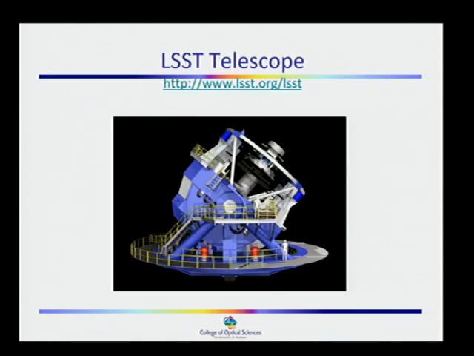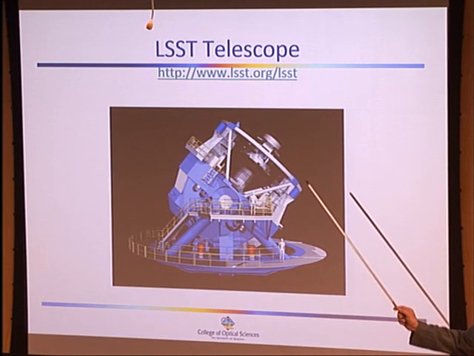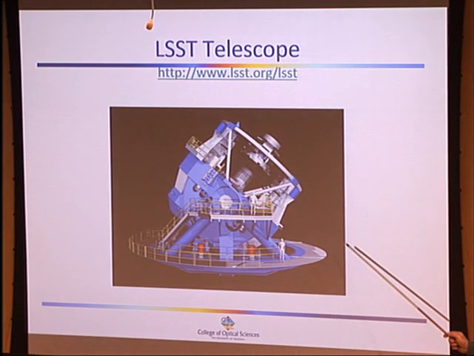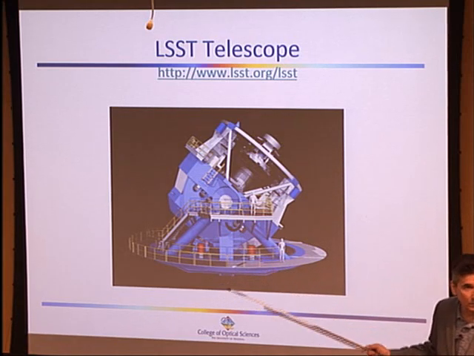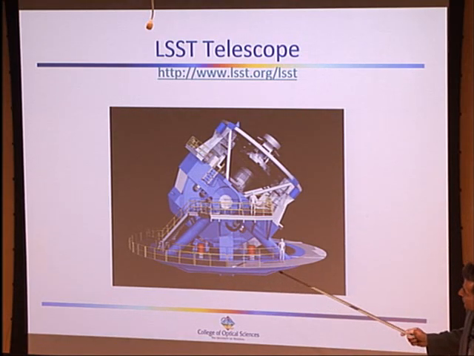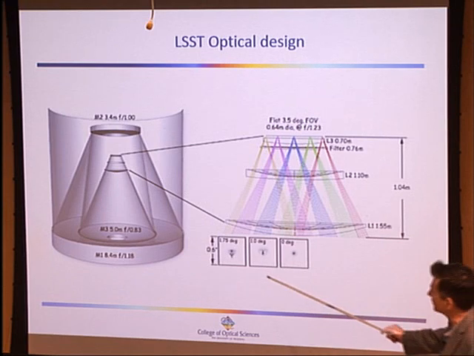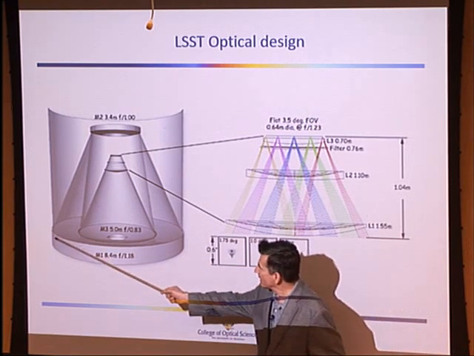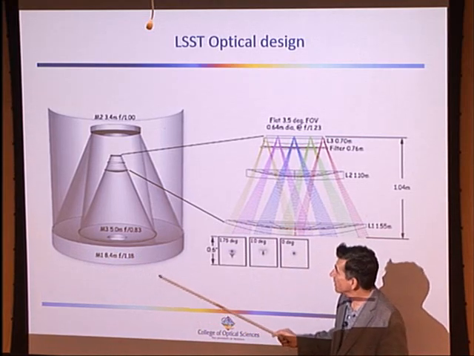So now let me tell you about a few projects I have been involved in, and one of them is the Large Synoptic Survey Telescope, which is a very large telescope, and it's going to be installed in Chile. The optical design consists of a primary mirror having an aperture of 8.4 meters.